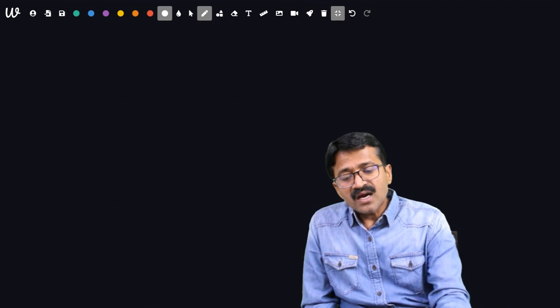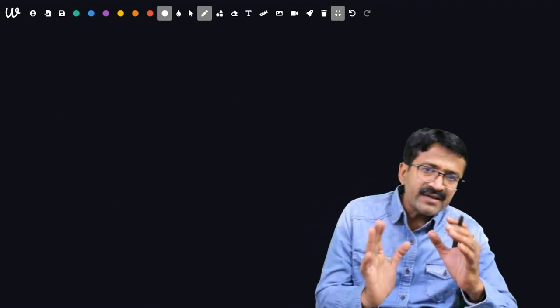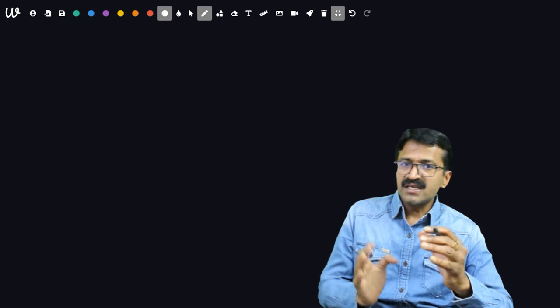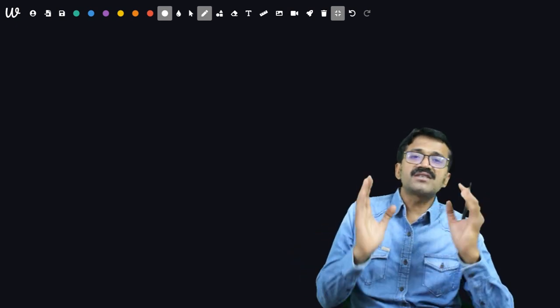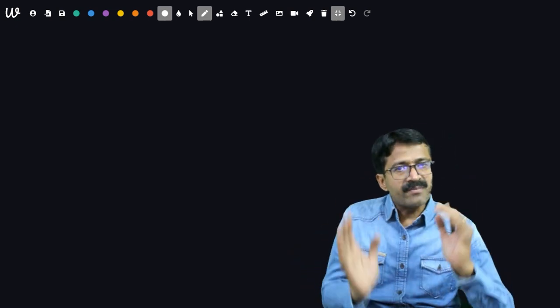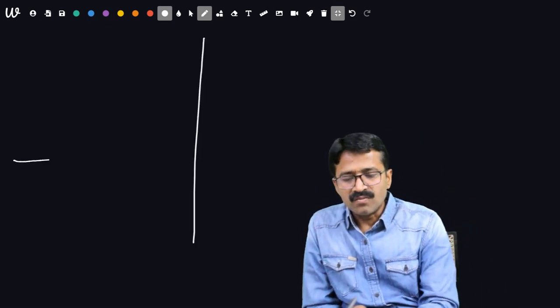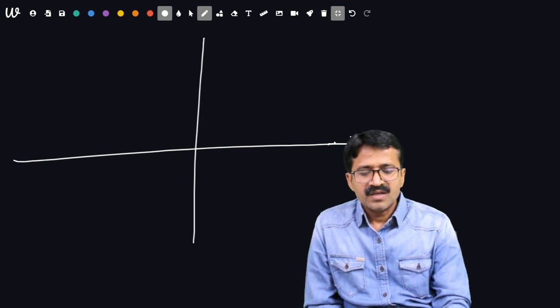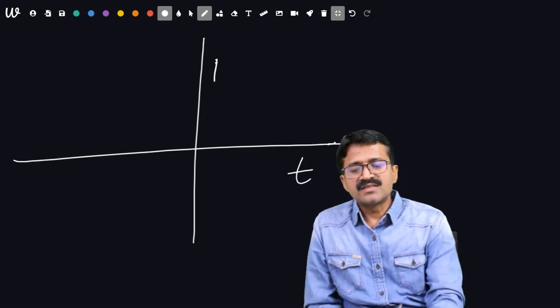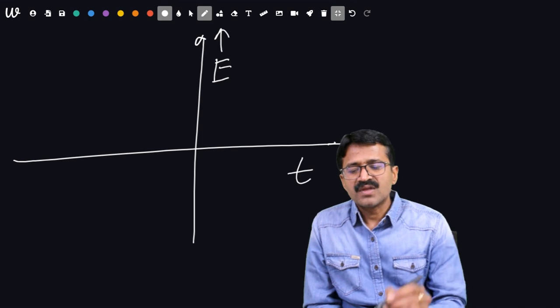Now another question can be, you have to identify which is the graph of kinetic energy, which is the graph of potential energy, which is the graph of mechanical energy, which is the graph of maximum energy, which is the graph of average energy. It is for the combined curve. See, this is time, this is energy, any kind of energy.